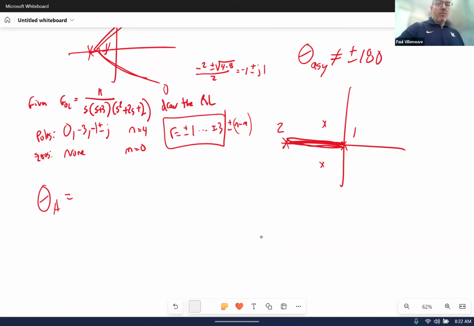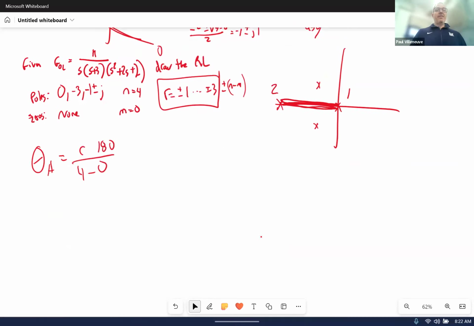So that's going to be equal to r times 180 over, and I'm just going to substitute this in, 4 minus 0, right? Number of poles minus number of zeros. So r can go plus or minus 1, plus or minus 3. So I'm going to have to calculate 4 asymptotic angles. For r equal to 1, theta A is going to be equal to 180 divided by 4, which is 45 degrees.